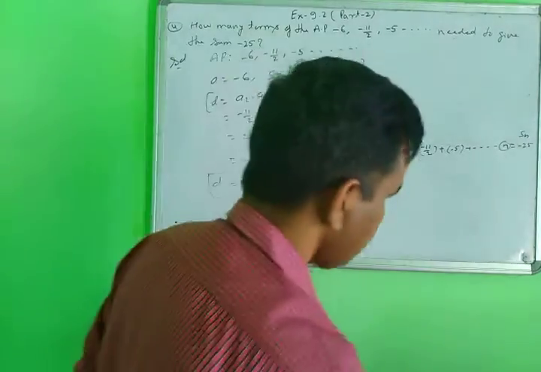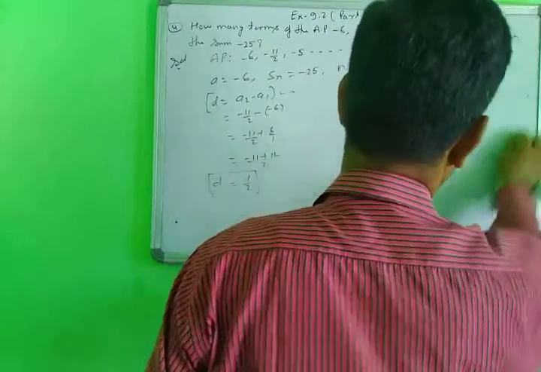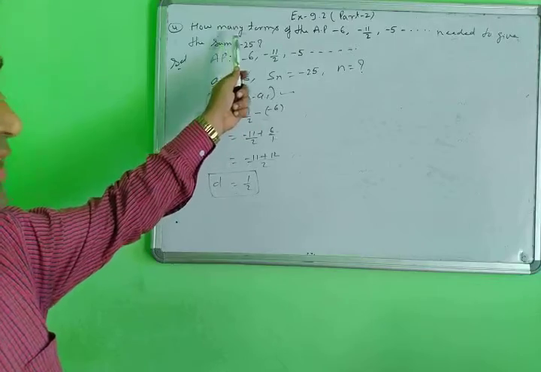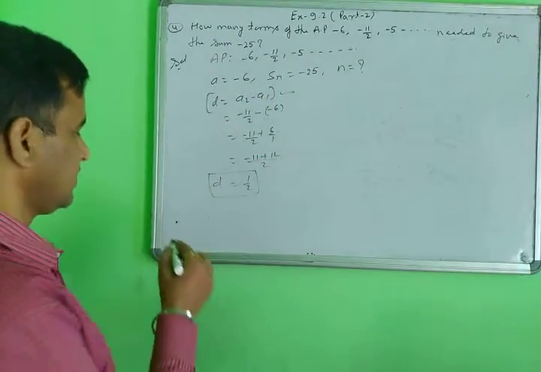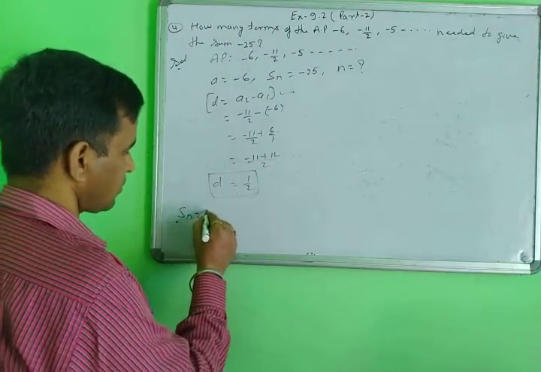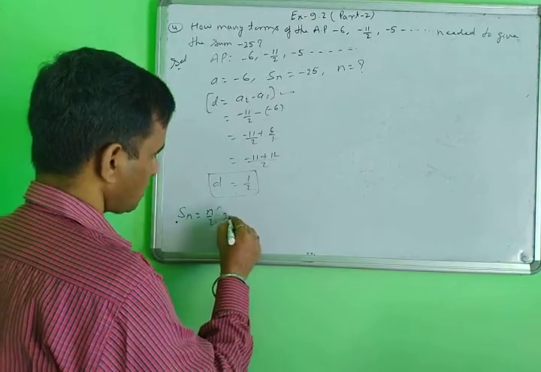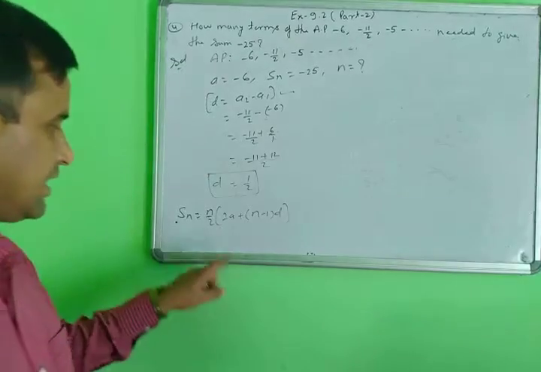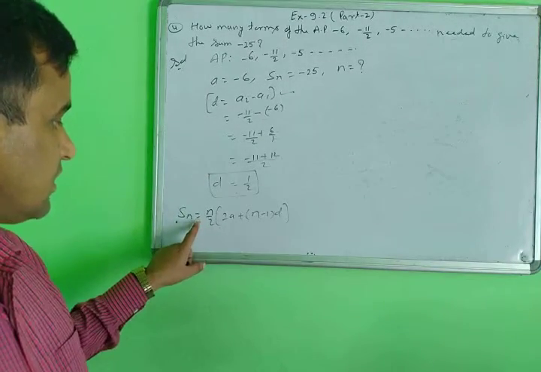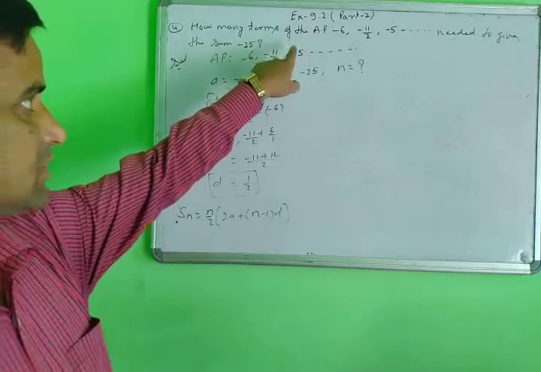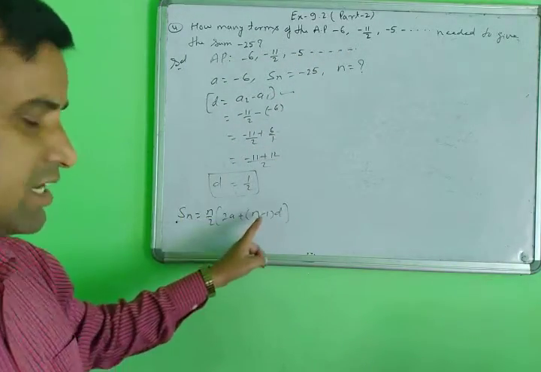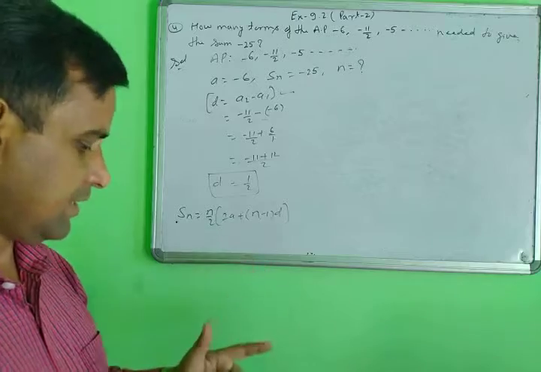After that you will find the sum of the n terms of this AP. What is the identity here? Sn equal to n upon 2 times 2a plus n minus 1 times d. This is the identity for the sum of the n terms of the AP.